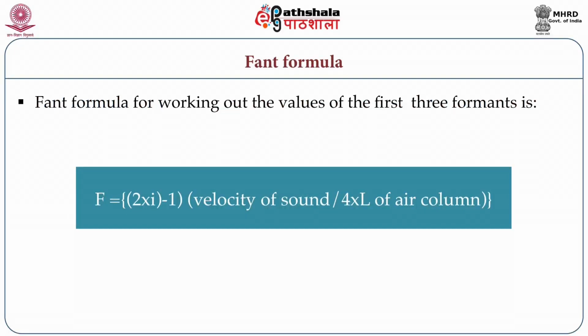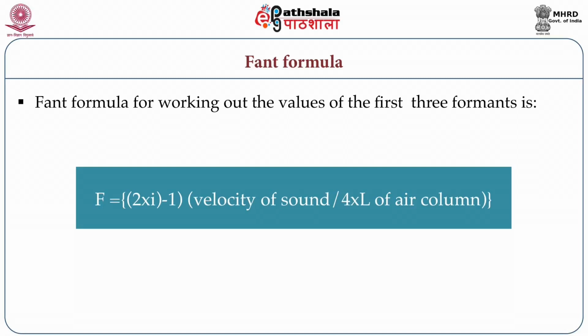Now, F is a formant, and which formant is it? 2 multiplied by i, where i refers to the number of the formant, whether it is the first formant or the second or the third. It could be 1 or 2 or 3. Now, multiplied by i and then minus 1.